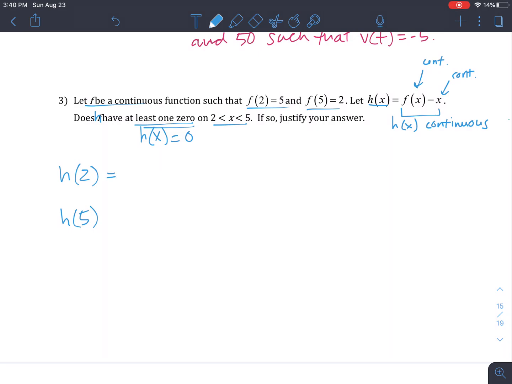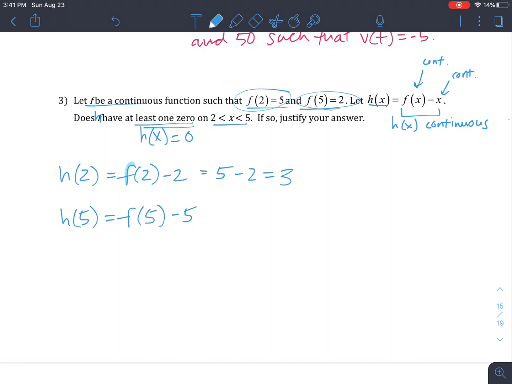So let's figure this out here. H of 2, again, the function here is f of x minus x. So f of 2 minus 2. H of 5 would be f of 5 minus 5. Okay, we're given this information here. F of 2 is 5 minus 2, which is 3.